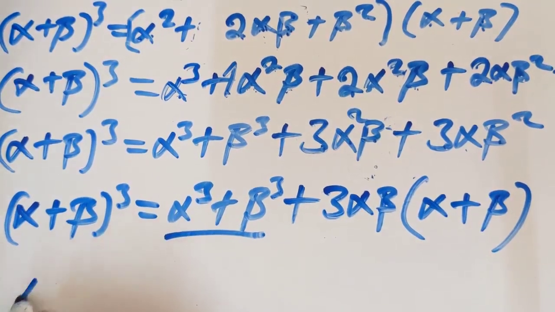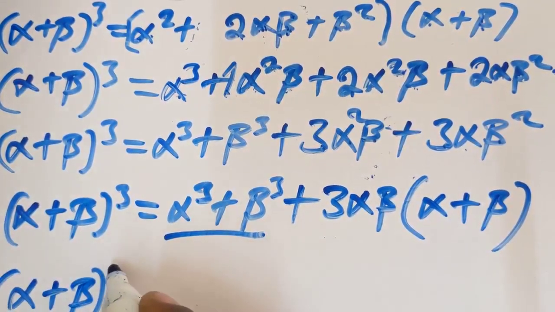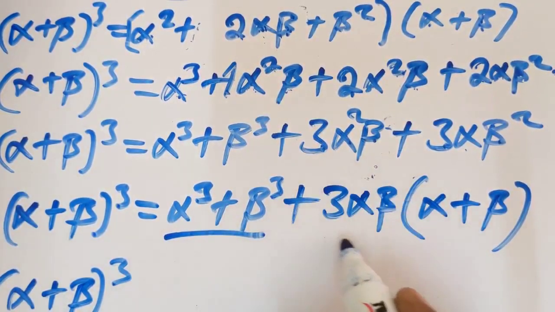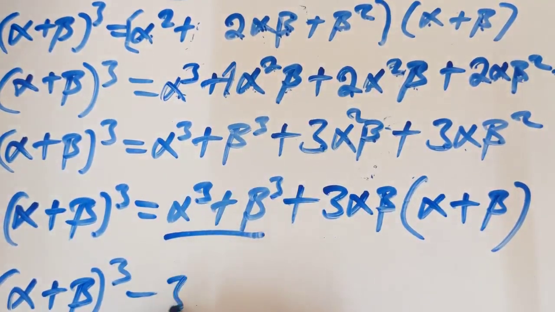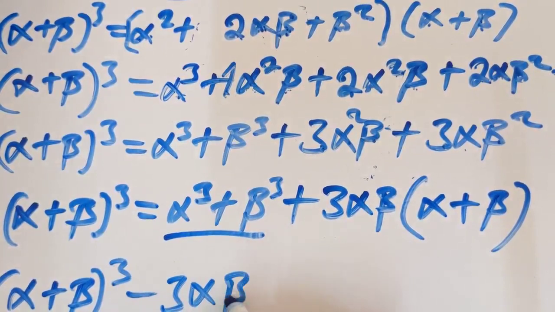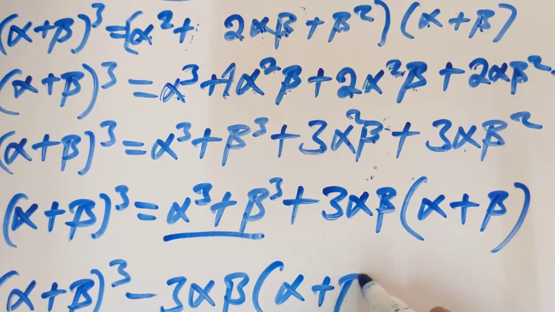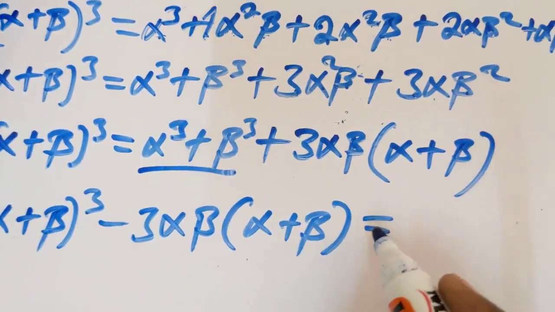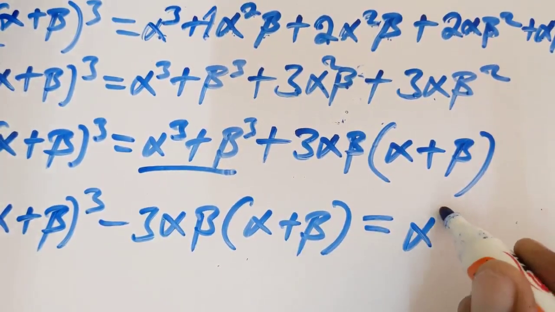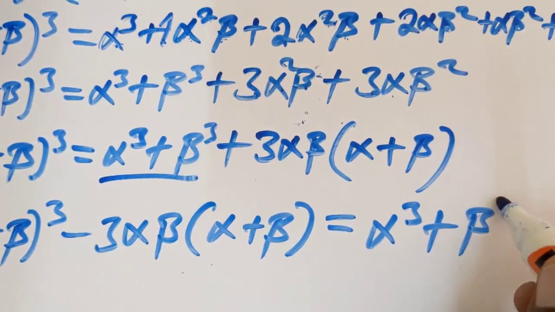So we are going to have alpha plus beta to the power 3. When this part comes this side, it is positive, and when it comes this side, it becomes negative. So minus 3 alpha beta, open bracket, alpha plus beta, like that, is equal to alpha to the power 3 plus beta to the power 3.